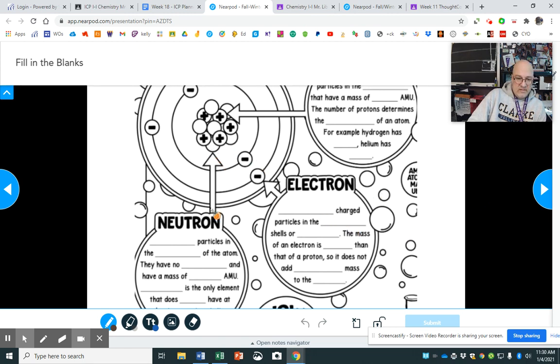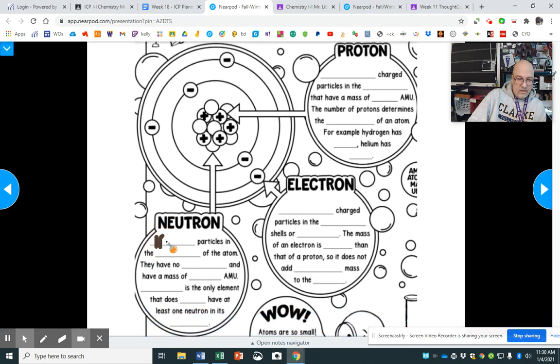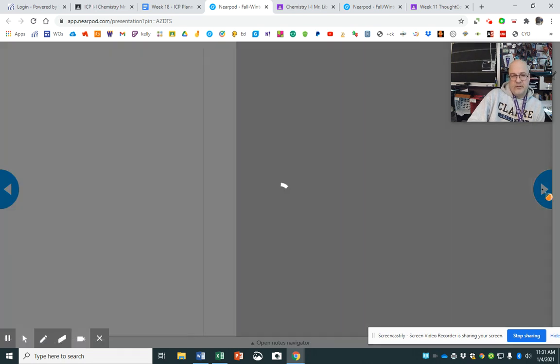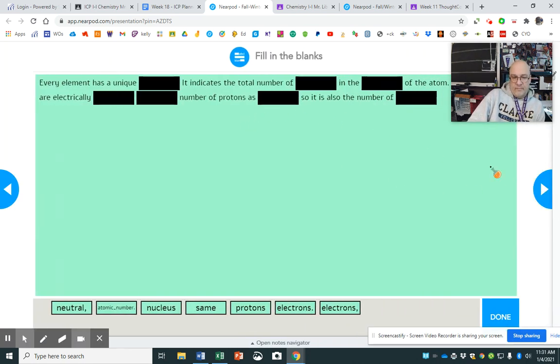Protons, neutrons are neutral. These are negative, these are positive. Fill in the blanks from your notebook.